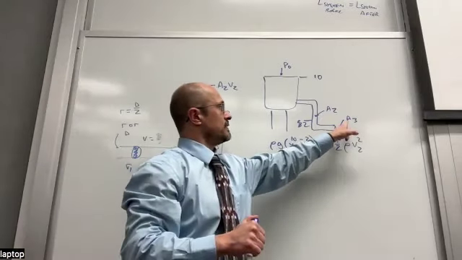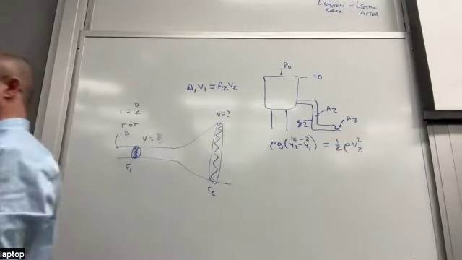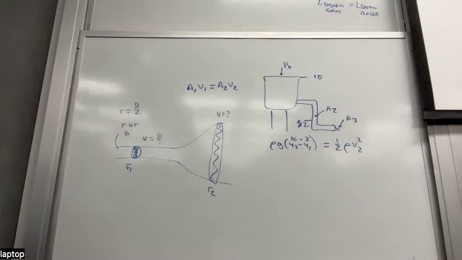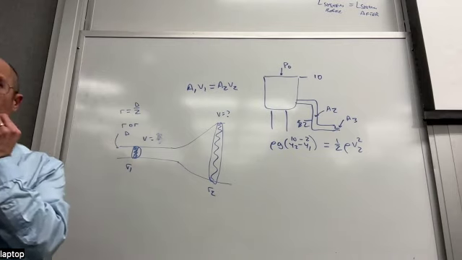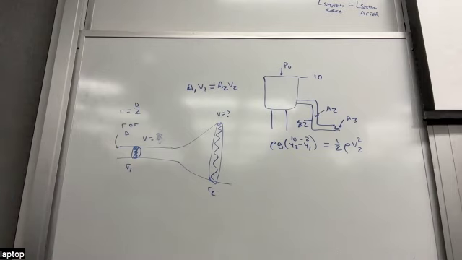Once you have this, you can get the velocity at 3 and get the flow rate, then go back and get the pressure. Does that make sense? Yes. Awesome.